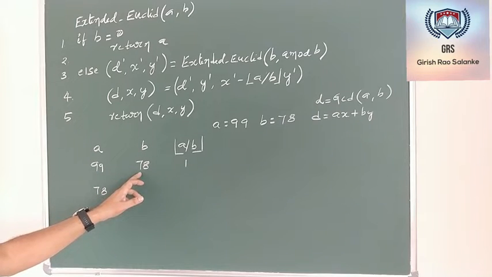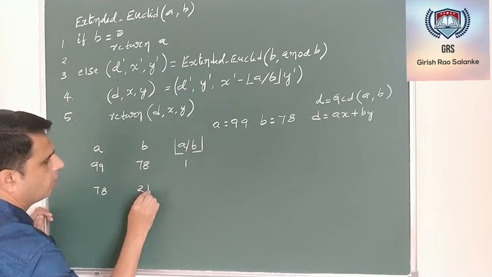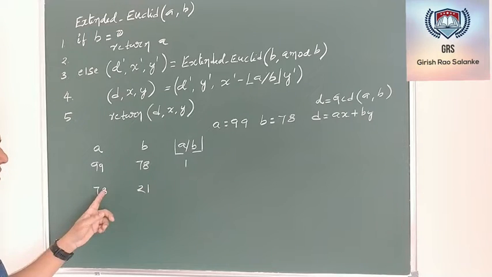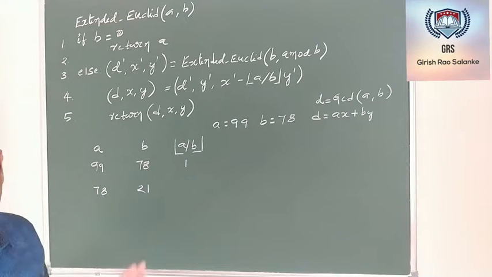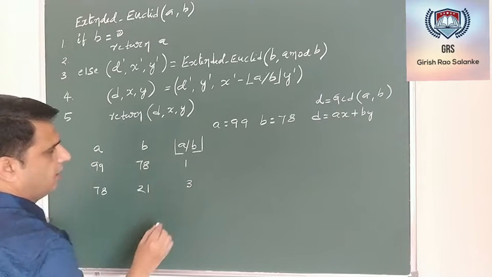How much is this? It is 21. Now 78 divided by 21, this value will be 3.